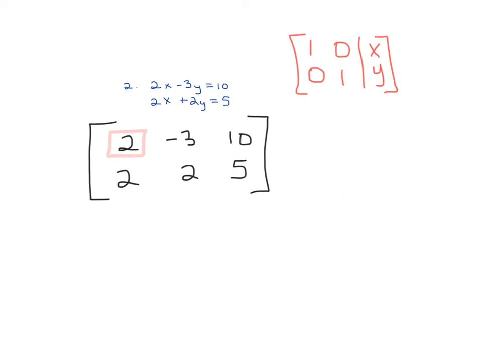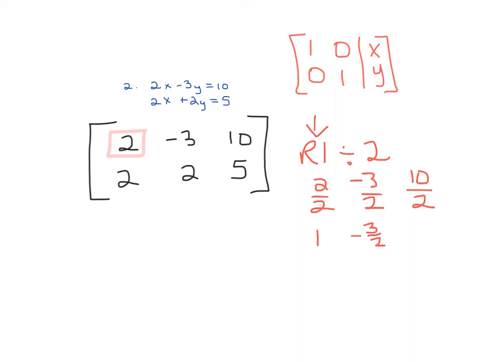So I'm doing row 1 divided by 2. So 2 divided by 2, negative 3 divided by 2, and 10 divided by 2. So my new row 1 is 1, negative 3 over 2, and 5. I'm going to rewrite my row 2.